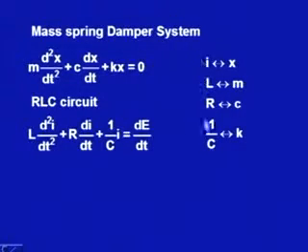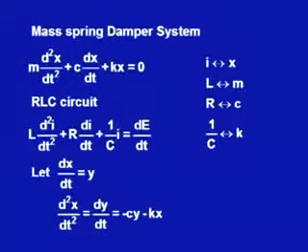I mean to say that whatever be the effect of k in the mass spring damper system, the same effect is observed by 1 over C in the RLC circuit. Whatever effect c is having here, the same effect R is having in the RLC circuit.